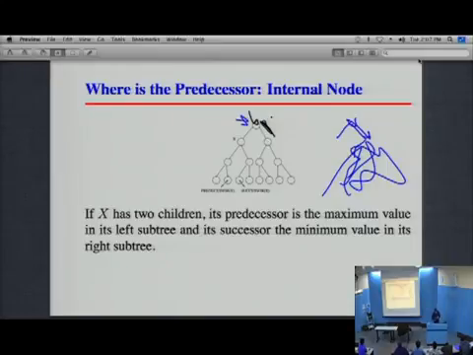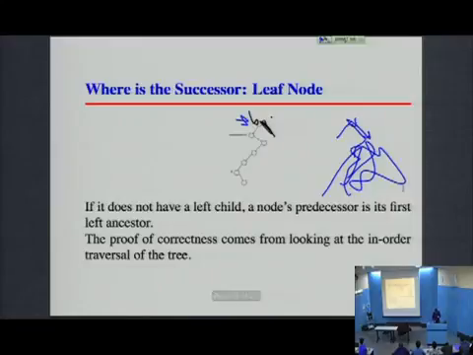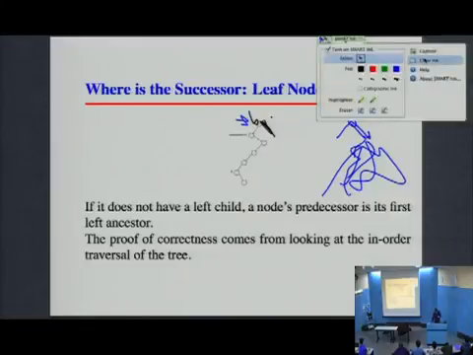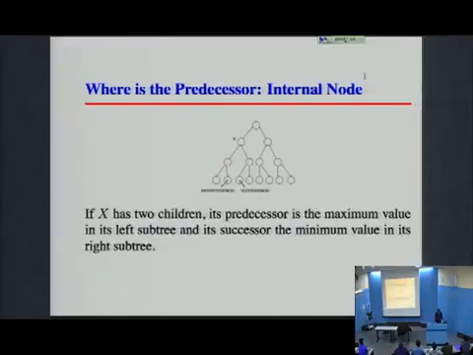The real question that's a little tricky is, what about a leaf node? If I take a look at my tree, what is the predecessor of this red node? Where can it be?